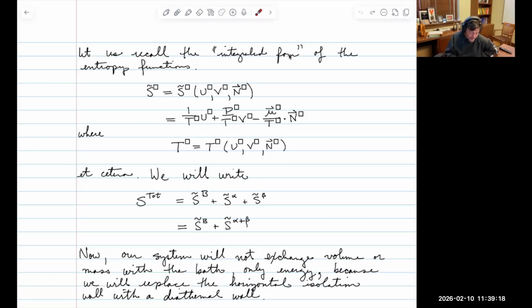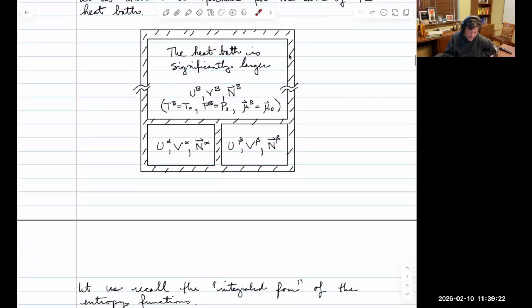I've just put boxes here because this form holds for each one of these subsystems, alpha, beta, and this system up here I'm going to use with a superscript B to mean bath. Now, initially, everything's isolated from each other. The bath is very, very large, right? So this is like the ocean, and this is like a small experiment that we're doing in an ocean.